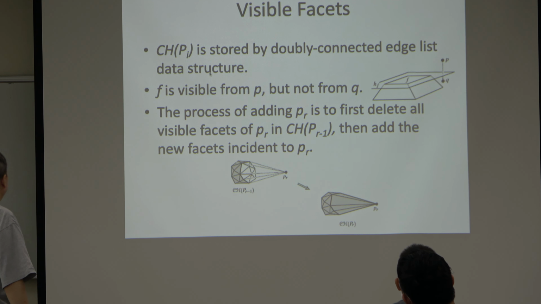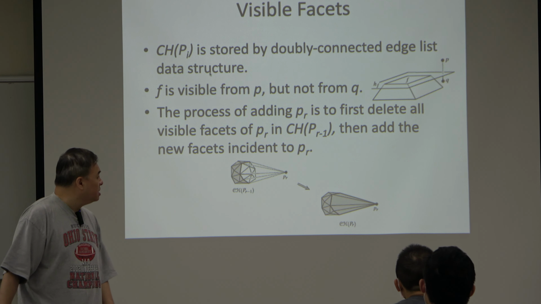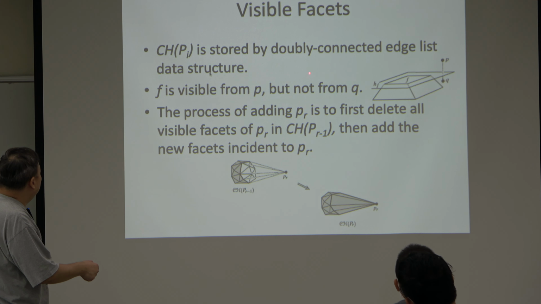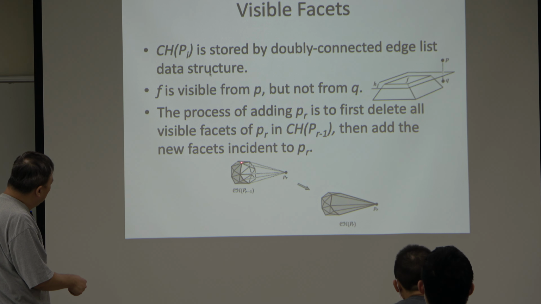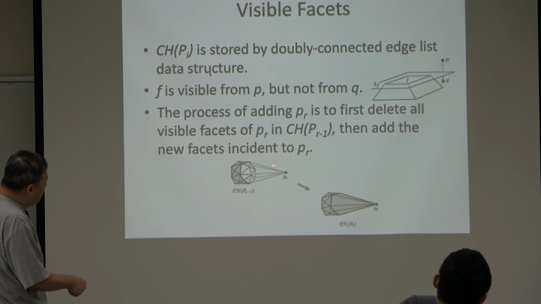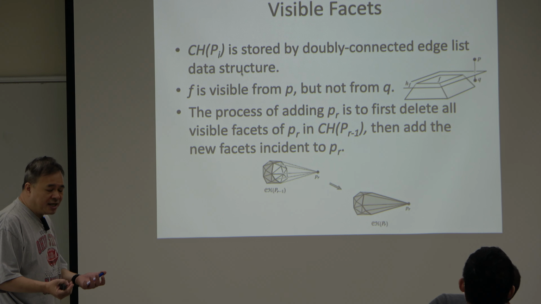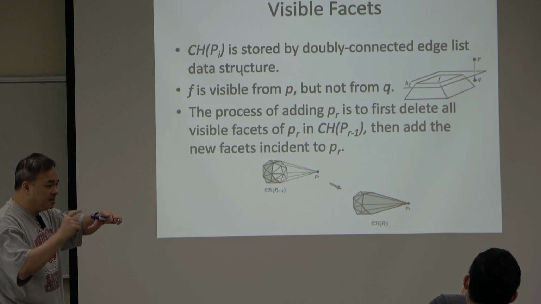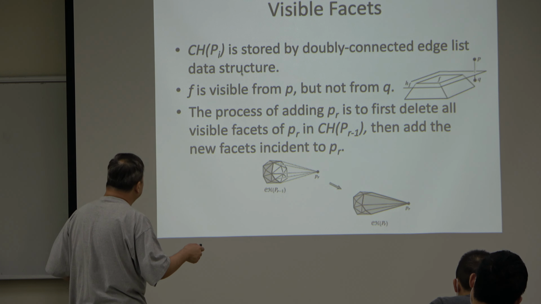Obviously, you can see that the ability to compute whether a facet is visible from PR, from another point, is very important here. You need to be able to compute whether a facet is visible or not from a point.